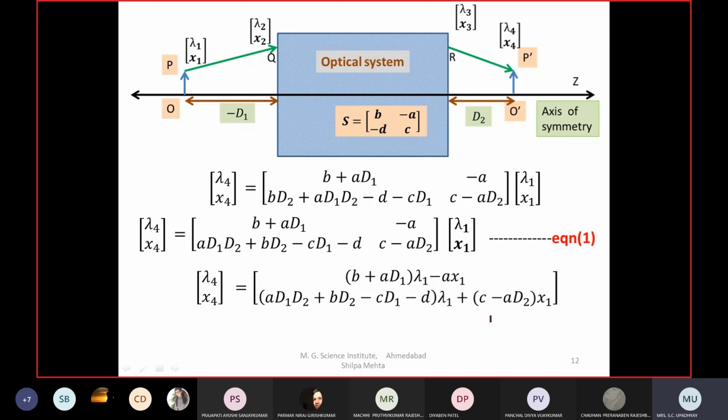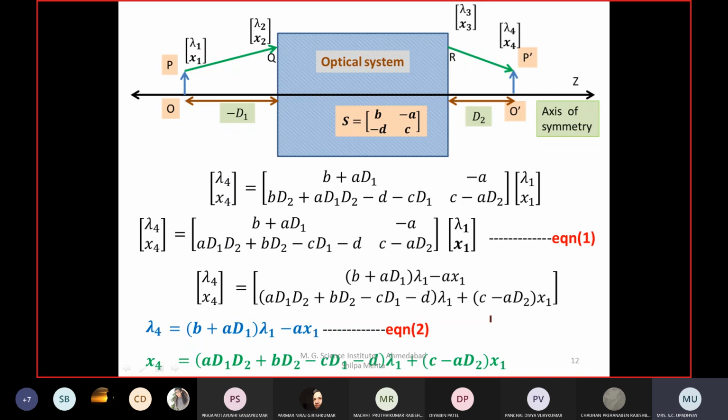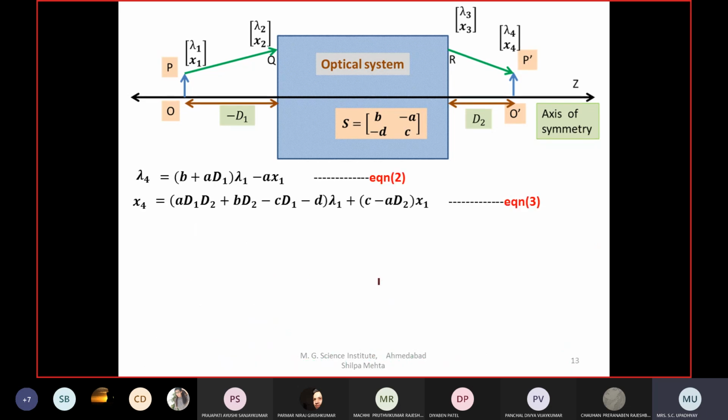So we get two equations. The first is lambda 4 equal to b plus ad1 into lambda 1 minus ax1, and next equation is second element of RHS equal to second element of LHS, that is x4 is equal to a d1 d2 plus b d2 minus c d1 minus d into lambda 1 plus c minus a d2 into x1. We call this as equation 2 and equation 3. So two important equations we get from comparing the 2 by 1 matrices.